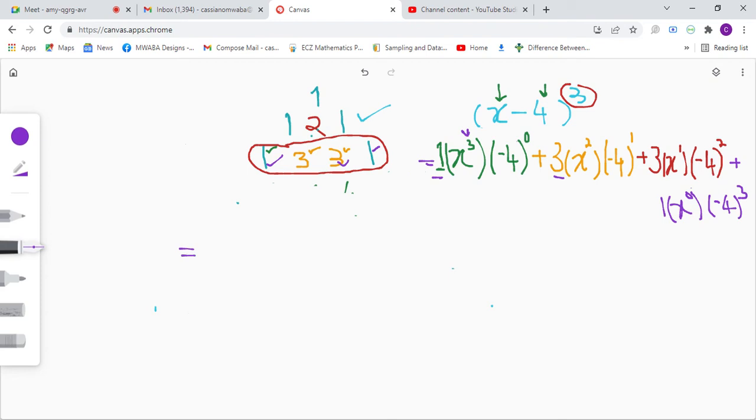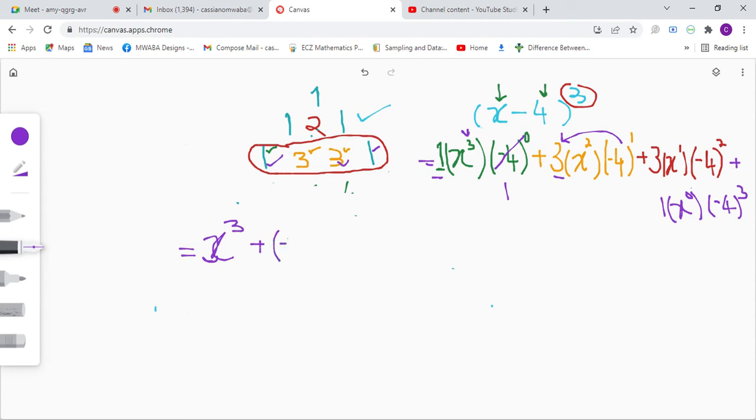Negative 4 to the power 0 is 1. 1 times x cubed times 1, we get x cubed. I'm going to write x cubed here. Plus, negative 4 to the power 1 is negative 4. So negative 4 times 3, that's negative 12, times x squared, we get negative 12x squared.